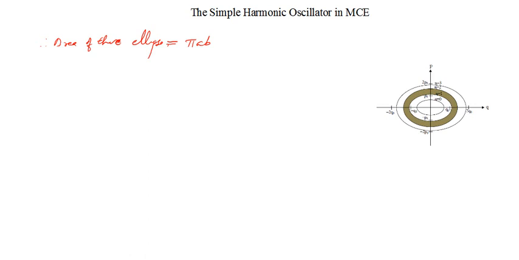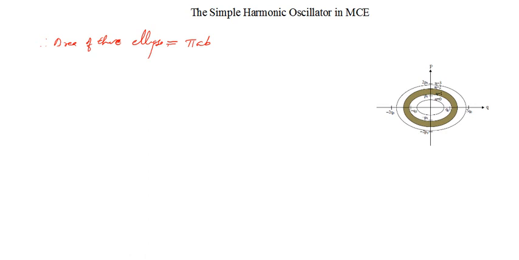In the case of A equal to B, semi-major axis equal to semi-minor axis, the ellipse turns into a circle whose area will be pi r square, when A equal to B equal to r. So the area is pi AB.